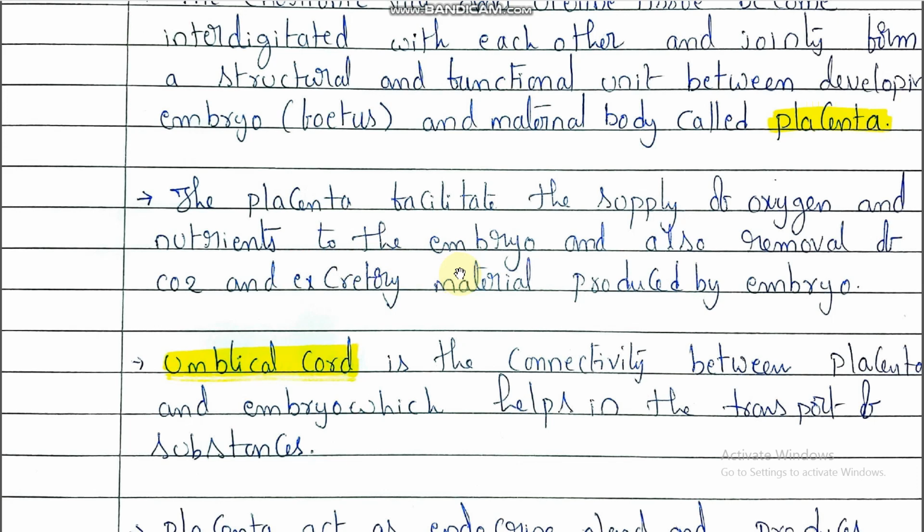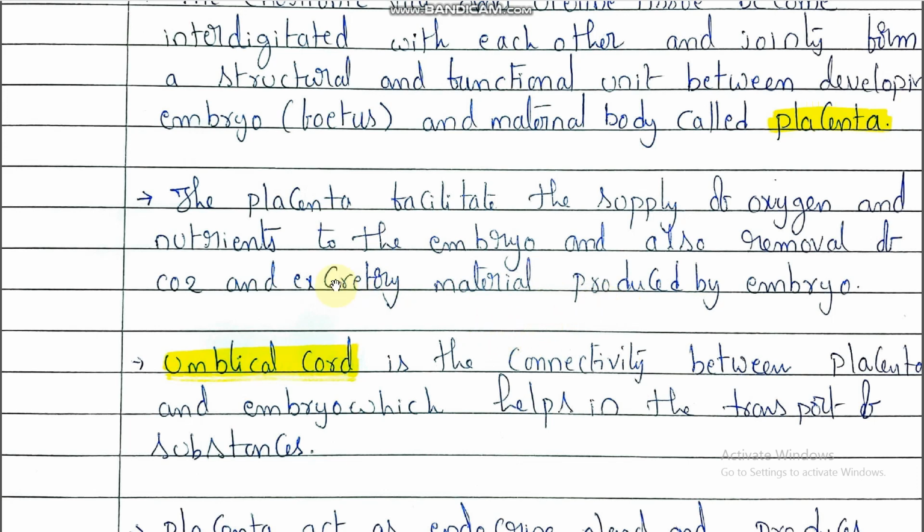From the mother to the fetus, the nutrients and oxygen supply takes place through the placenta. The developing fetus releases carbon dioxide and excretory materials, which also pass through the placenta, right?